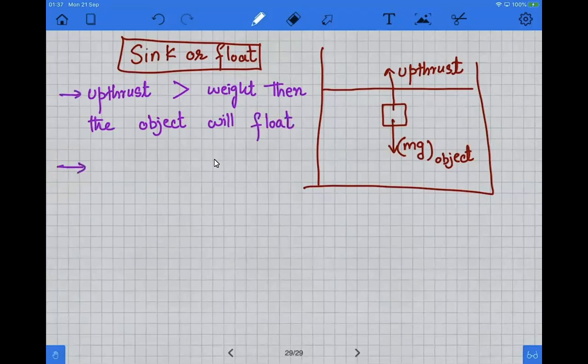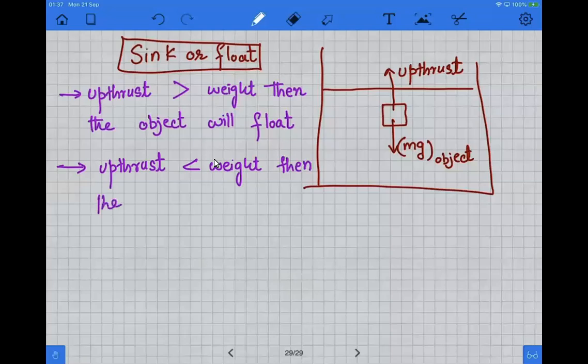Yet, if the upthrust is less than the weight, then the object will sink.